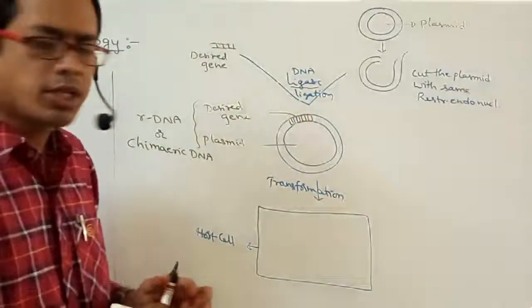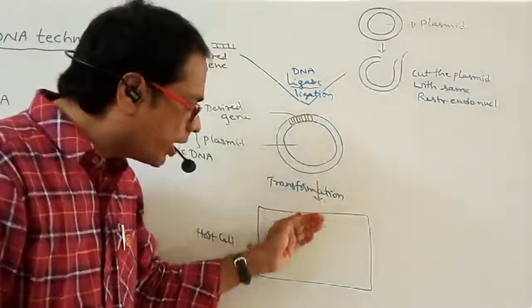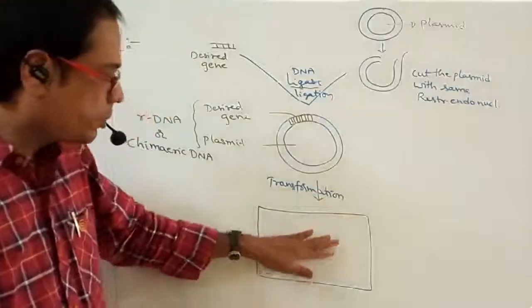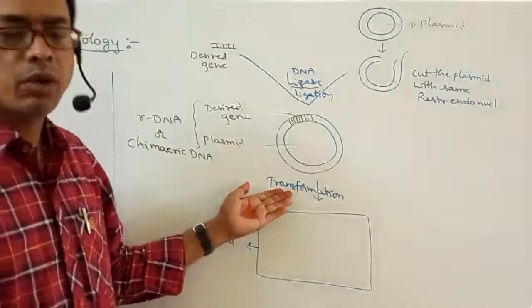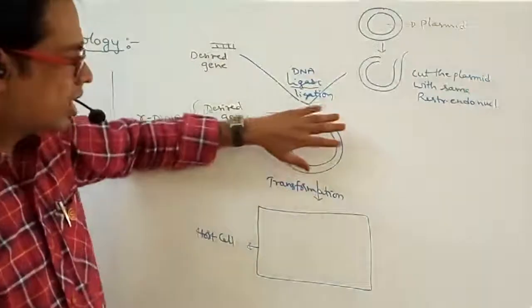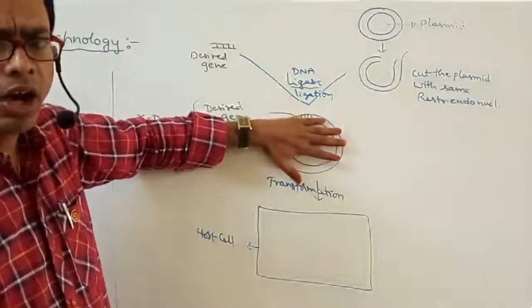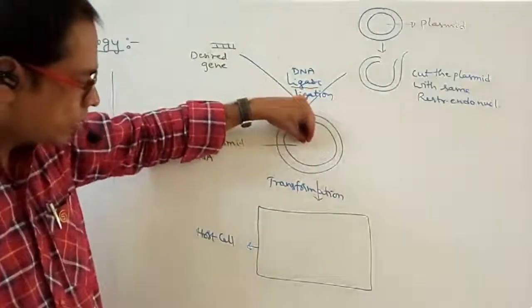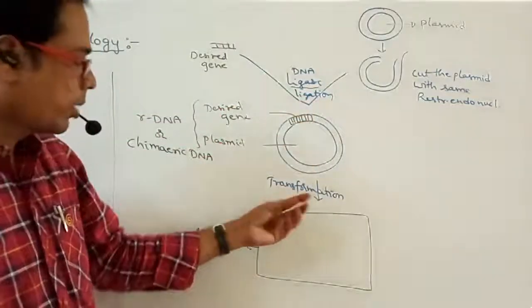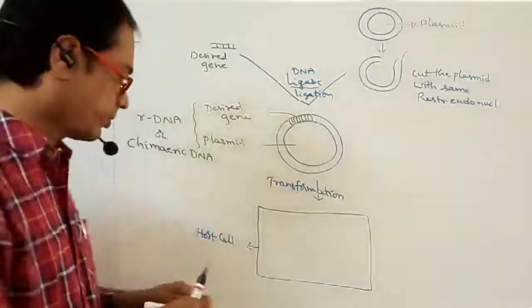What is transformation? Uptake of naked DNA into the recipient cell is called transformation. So this naked rDNA is introduced into the host cell by a process called transformation.